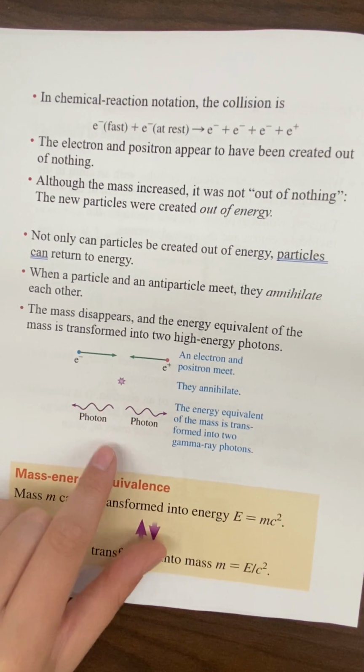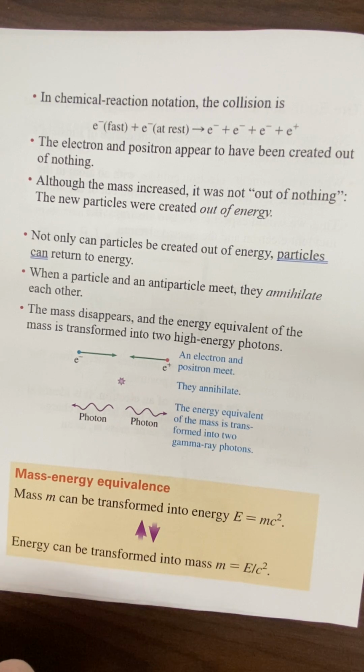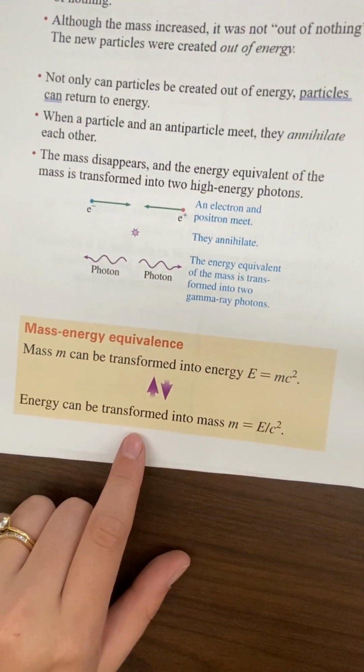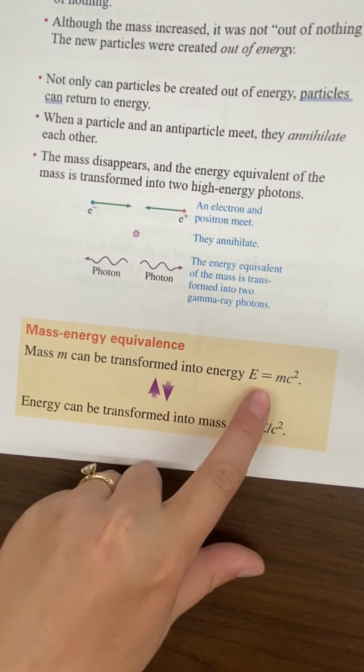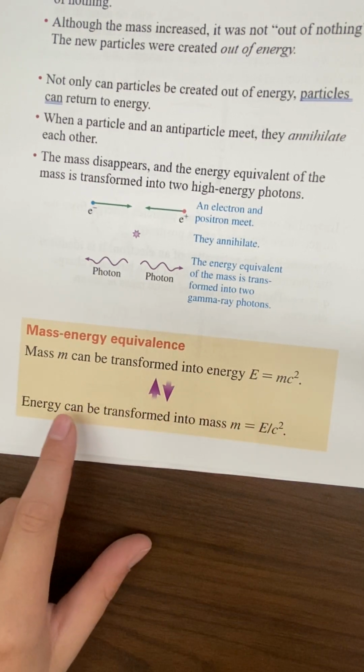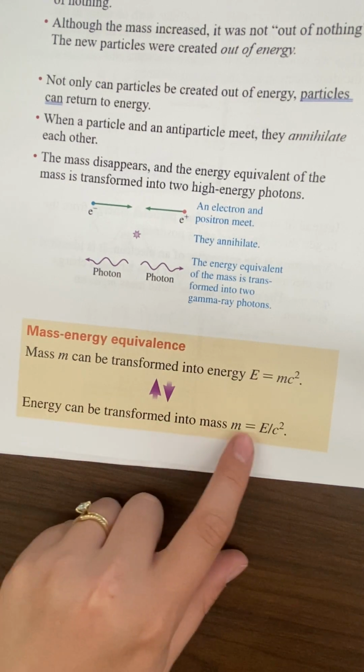And photons have energy. So their masses go away, and it is converted into the energy of a photon. So mass and energy are equivalent. It's given by E equals mc squared. If we have mass transformed into energy, we'll get this much energy. If we have energy transformed into mass, we'll get this much mass.